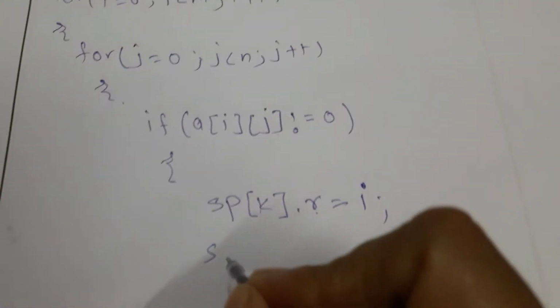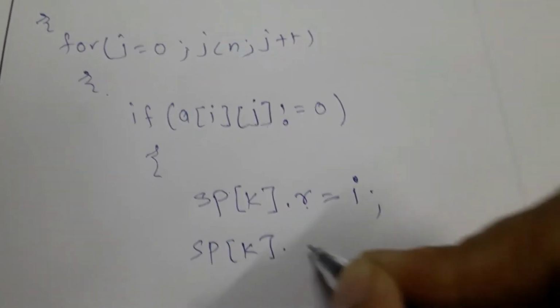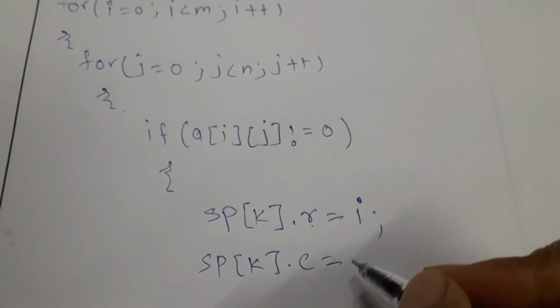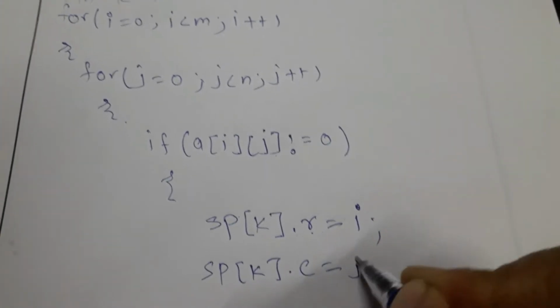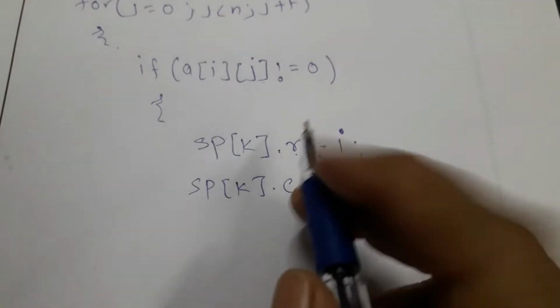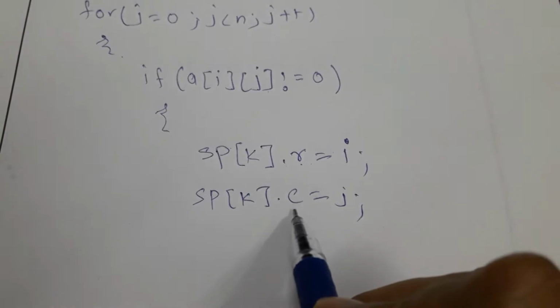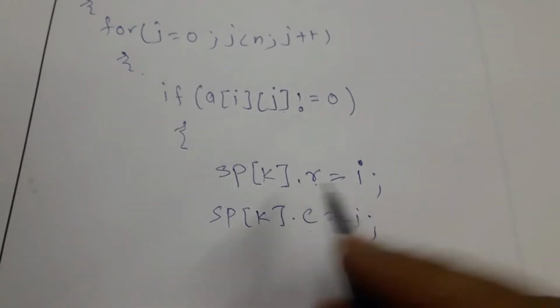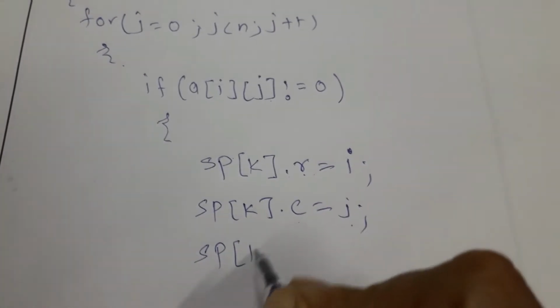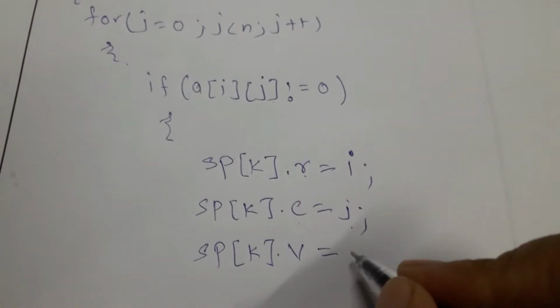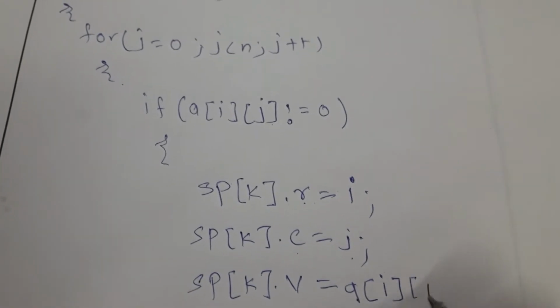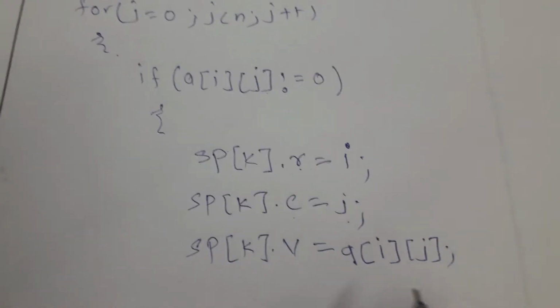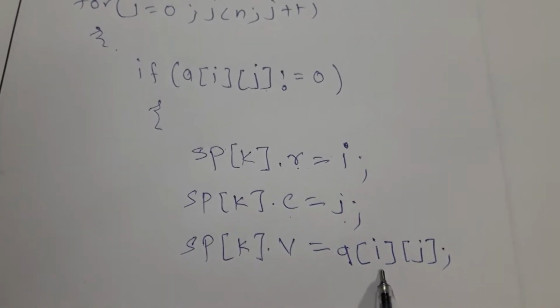Then SP of k dot c is equal to the column value. From where will we get the column value? That is from j. So r contains the i value and c contains the j value. Now put the third column, that is the value, equal to what? The element present at that i and j location.